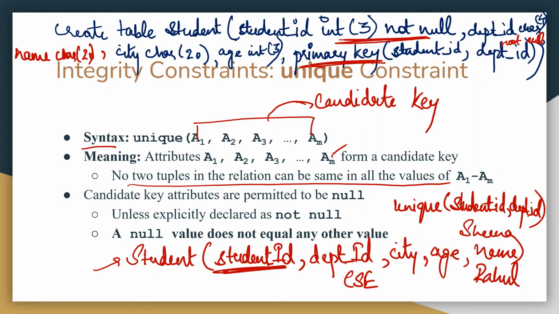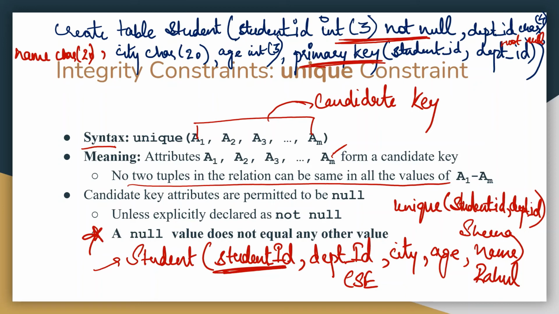The attribute cannot have a null value. Okay. And it is very important to note that a null value cannot be equated to any other value. We cannot say that two attributes have null value, so they are equal. No, null cannot be equated to any other thing, not even to null. Let's say I say age and city, if they are null and I say age is same as city. No.